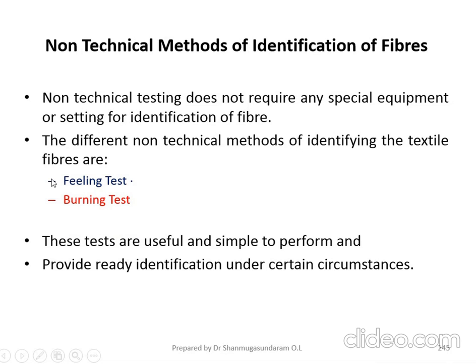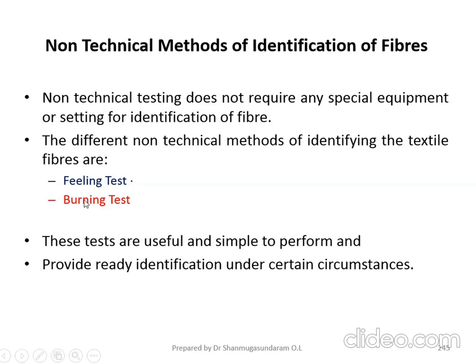What are all the non-technical tests? See, different non-technical methods are available to identify the textile fibers. The first one is feeling test. By means of feeling, you can identify the fibers to some extent. Then the second one is burning test.